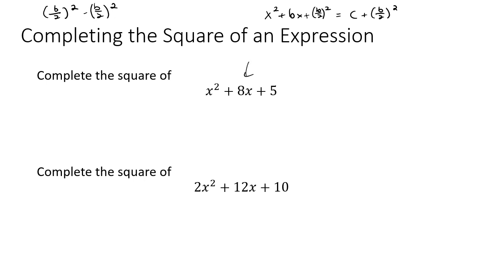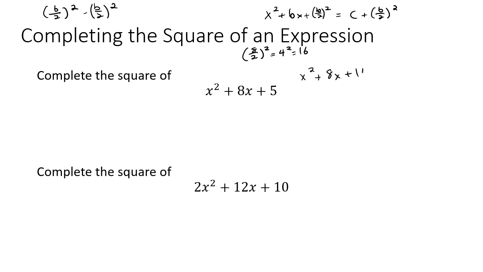So as a quick example, if we've got x squared plus 8x plus 5, that's going to be x squared plus 8x. I'm going to save the 5 for a minute, but it's not going anywhere. What I would add to both sides is b over 2 quantity squared, which would be 4 squared or 16 in this case.